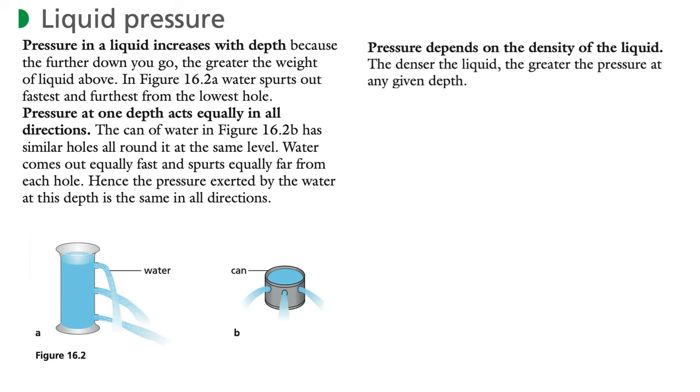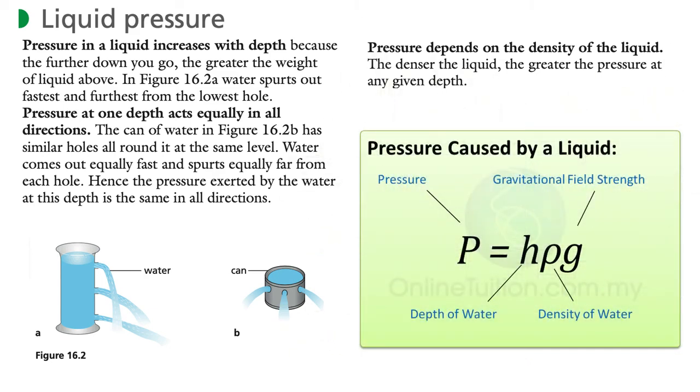Then finally, pressure depends on the density of the liquid. So the denser the liquid, the greater the pressure at any given depth. That's because the denser the liquid, the higher the weight will be, or the heavier it will be, right? So the formula we get here, pressure caused by a liquid, pressure is equal to depth of water multiplied by the density of the water, if it's water we're talking about, or we can talk about air pressure or pressure in mercury, times G, which is gravitational field strength, right?